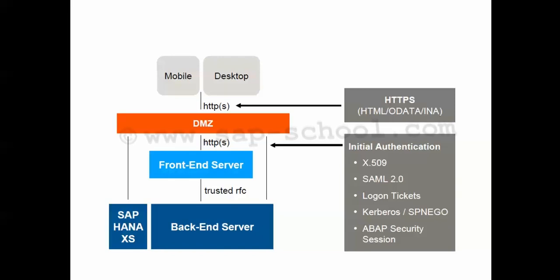There are different authentication methods available here: X509, SAML 2.0, logon tickets, Kerberos, and ABAP security session. This initial authentication is done here. This is not the complete list, just a selection from it.